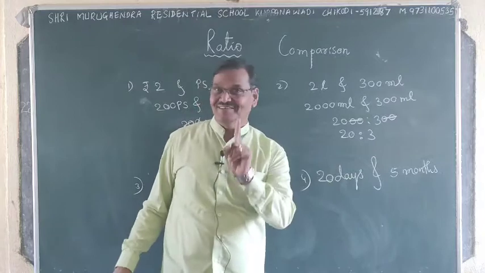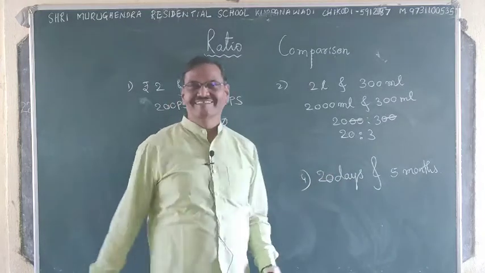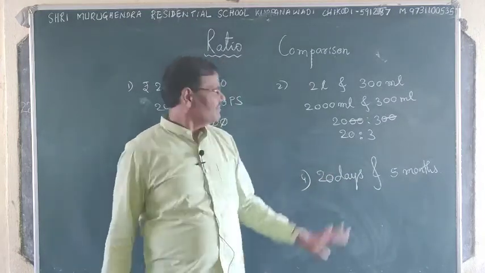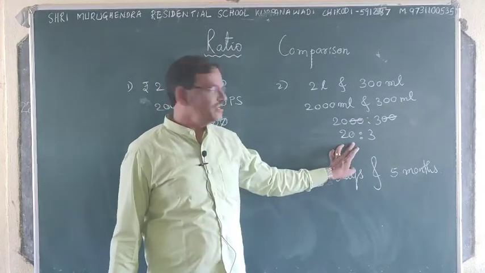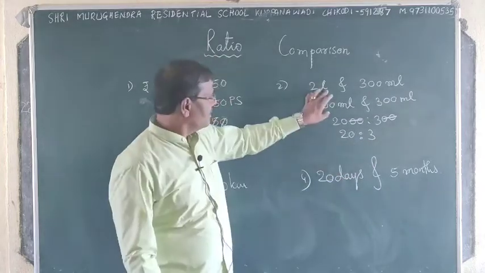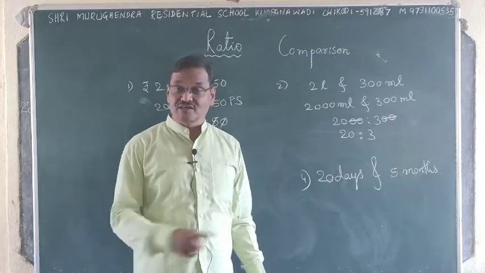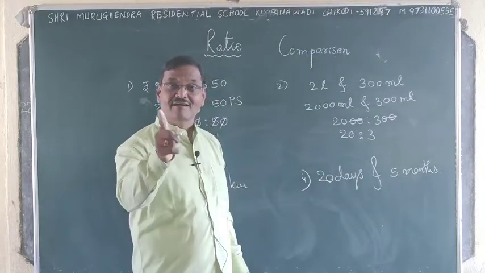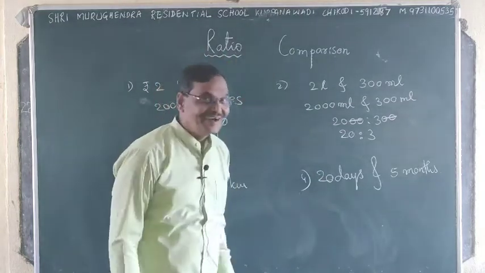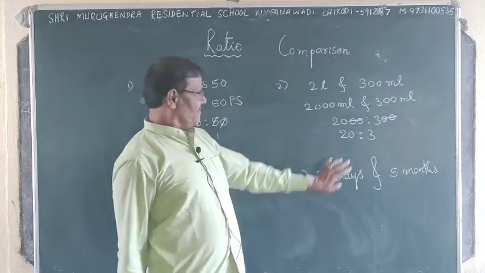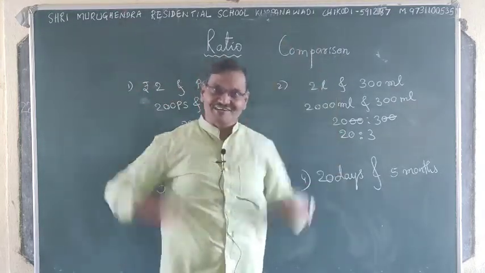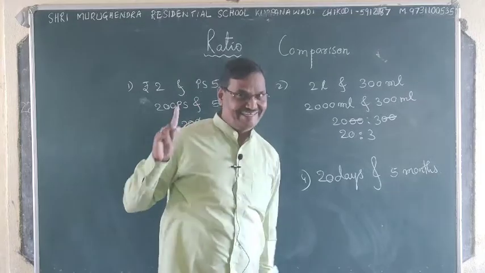So we can't reduce them. It is the ultimate reduction. 20 is to 3. If I am drinking 20 ml milk, then you are drinking 3 ml. If I am taking 20 liter, then you are taking 3 liter.